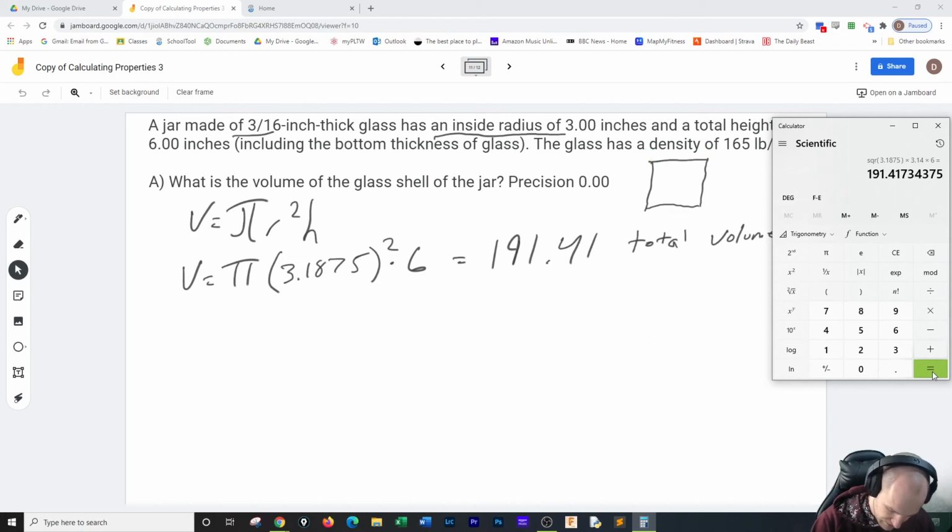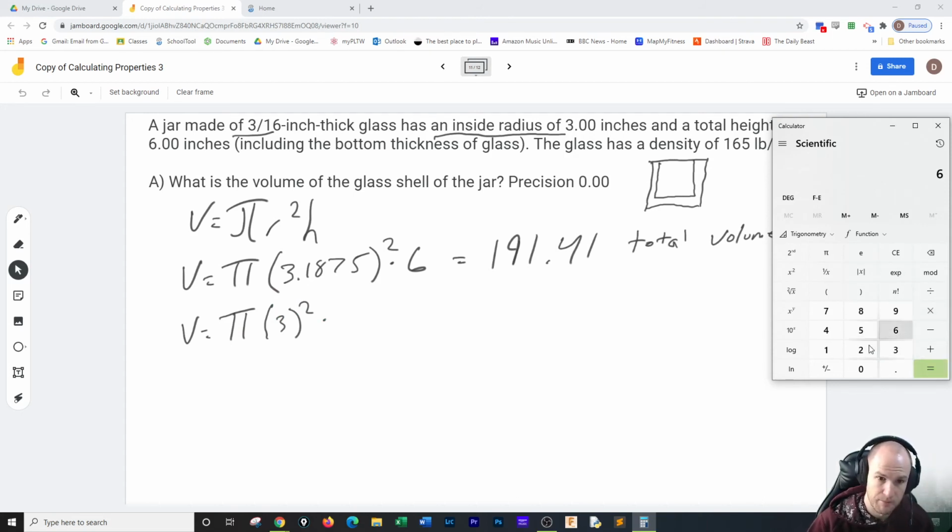Now 3/16 in, we've got a void, and we have to calculate the volume of the void. So it's the same thing, pi, times, this time just 3 inches squared, and then we've got to subtract 0.1875 from 6.